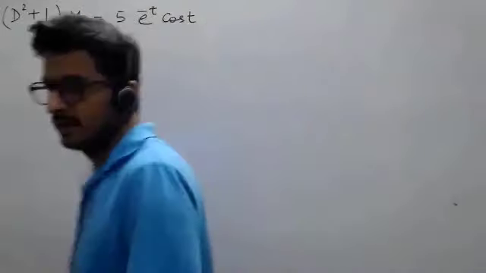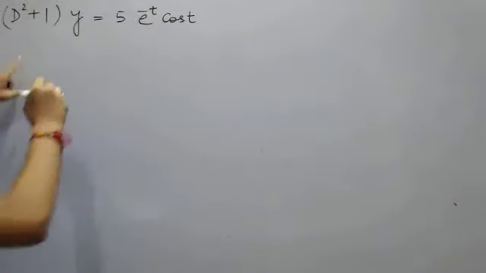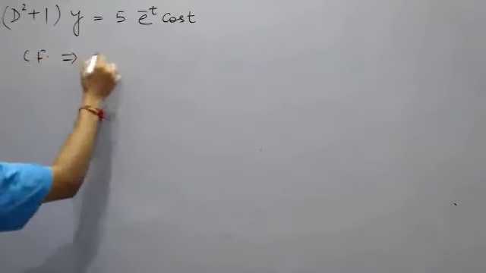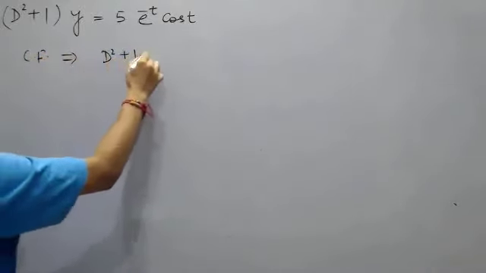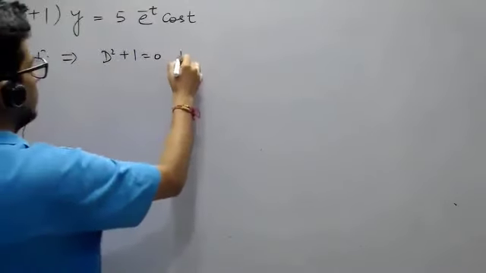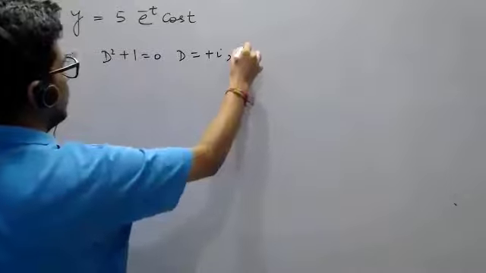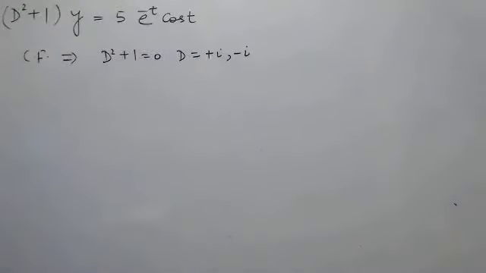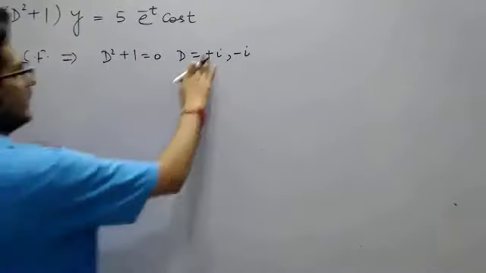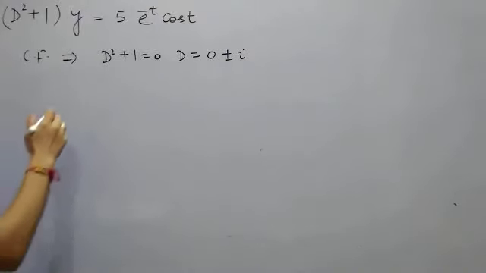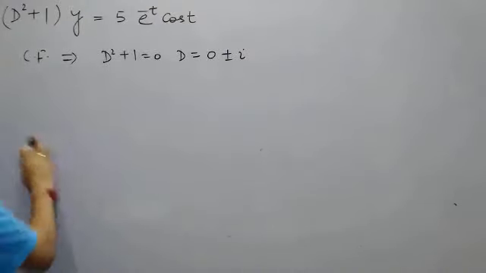First of all, go for this complementary function part, which will give d square plus 1 is equal to 0. That means d is equal to plus iota and minus iota. So I mean 0 plus minus iota. We write it in this form, na? So what will happen?